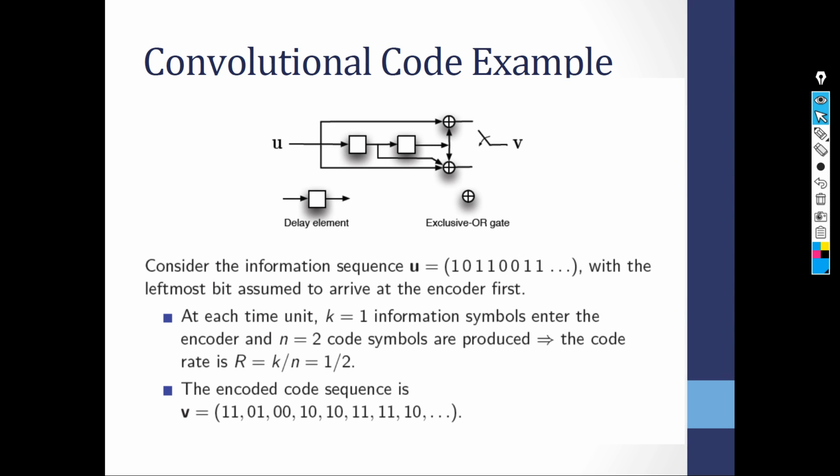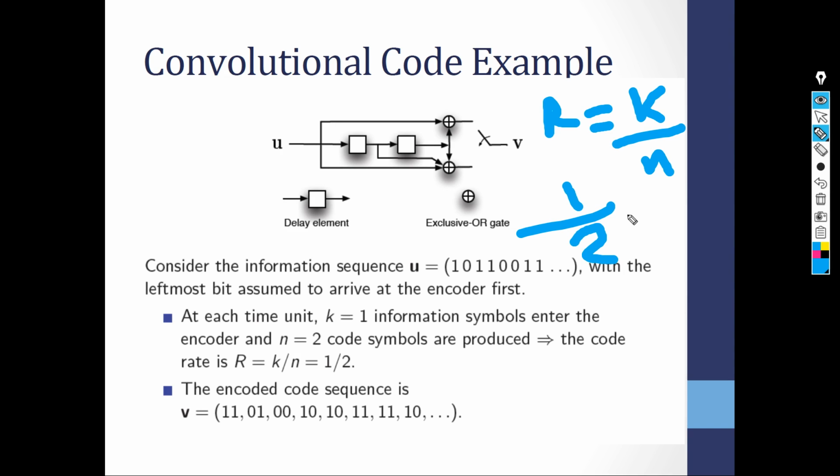The code rate is R equal K over N. Now question, if for each input bit we are producing 2 output bits, what's the code rate in this case? K is the input bit 1 and N is the output bits 2. So K over N is half, 1 over 2.